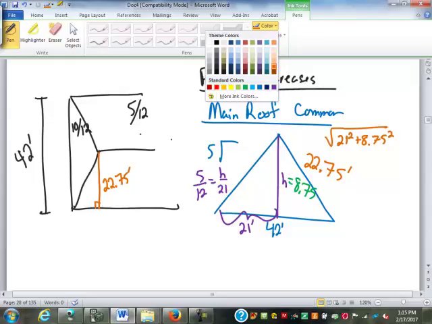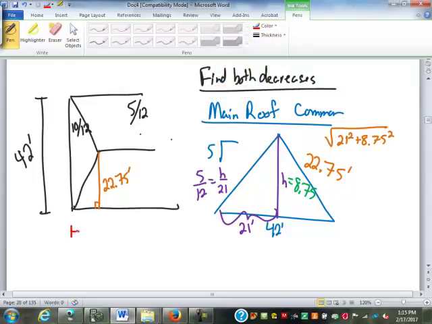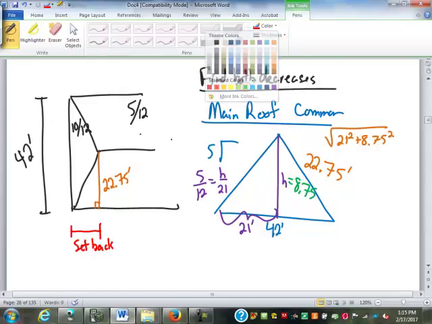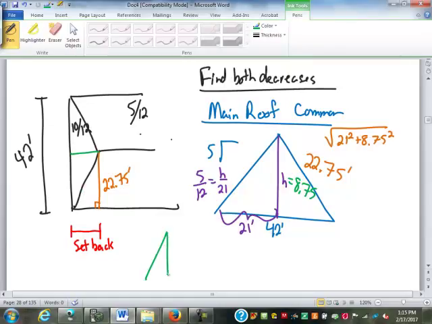But before we can do anything more, we need to know the setback. Right? How do we find the setback? Well, we look at this longest jack here. So we make the triangle with that longest jack.